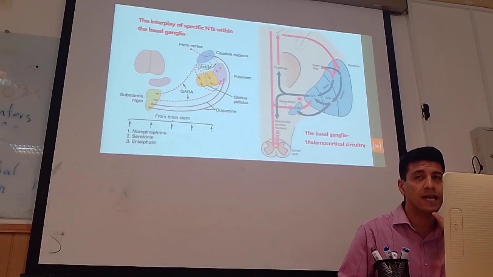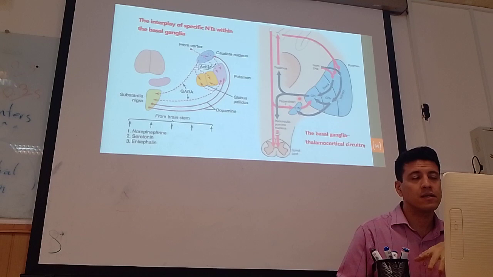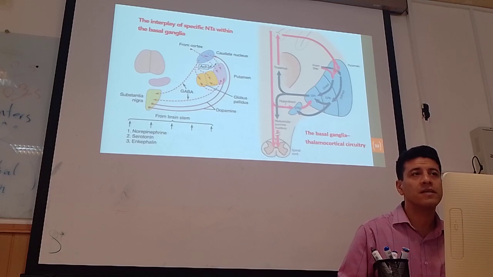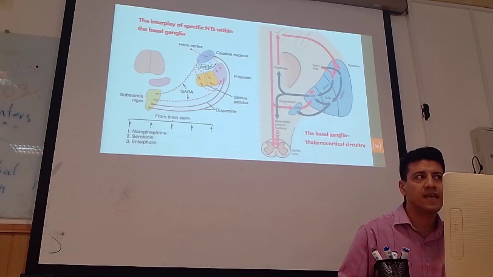Okay. So again, we have the direct pathway and the indirect pathway. I talked about the direct one. The direct starts from the cortex, releases glutamate in the putamen, and activates putamen neurons. Neurons here are GABAergic. They release GABA in the globus pallidus internal. Globus pallidus internal neurons are also GABAergic.